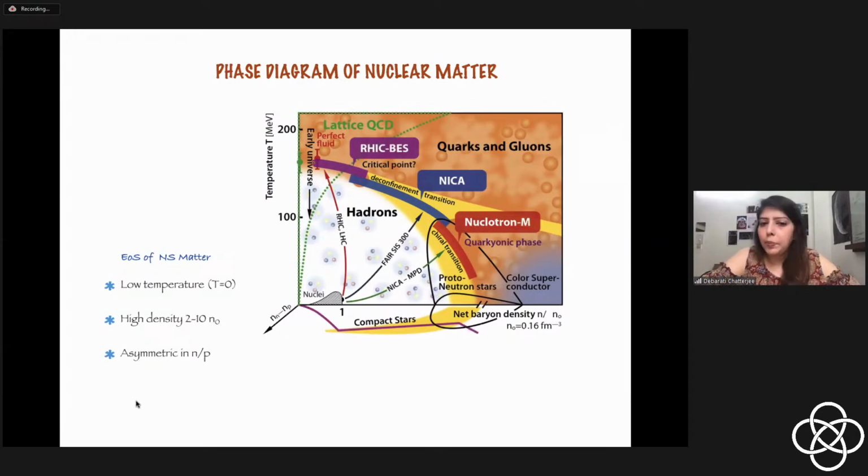Keeping this in mind, when we are fitting our parameters to some experimental observables, can we directly use them? No, right? Extrapolation to low temperature is okay, low temperature is fine, but when we go to higher densities and higher asymmetries, then we have to extrapolate to an unknown regime.